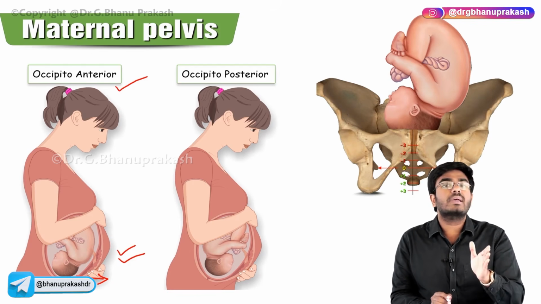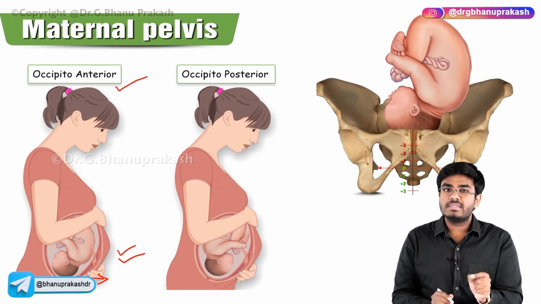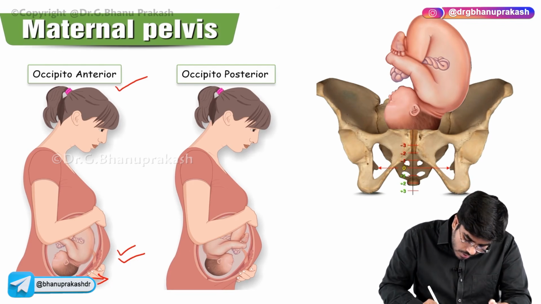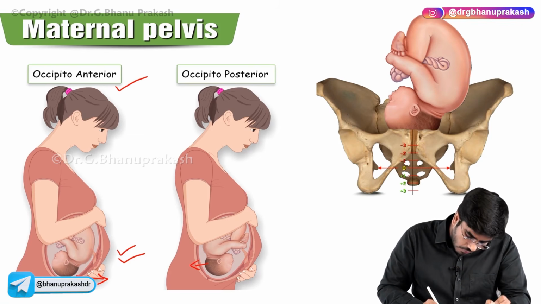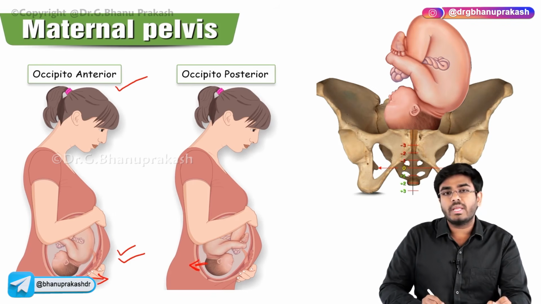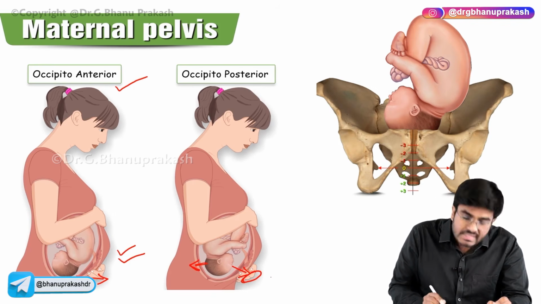Occipito-anterior position is normal. But an anthropoid pelvis favors occipito-posterior position. If the occiput is towards the posterior, the face of the baby is facing towards the pubic symphysis. Am I right or not?